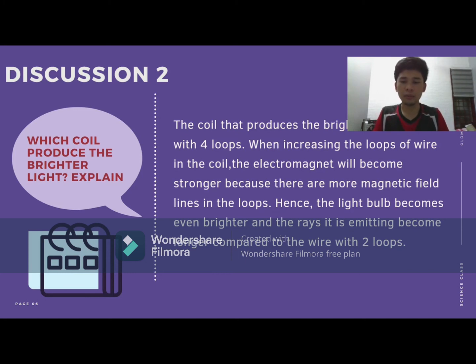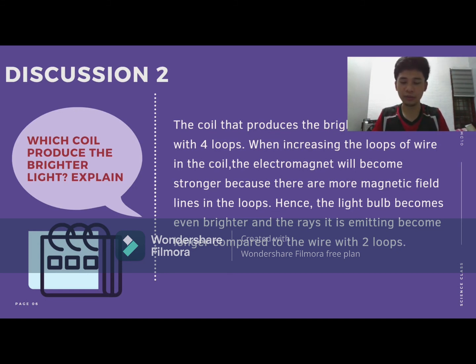Hence, the light bulb becomes even brighter compared to the coil with 2 loops. So the coil with 4 loops has the brighter light due to the higher number of loops in the coil. I think that is the answer for discussion 2.